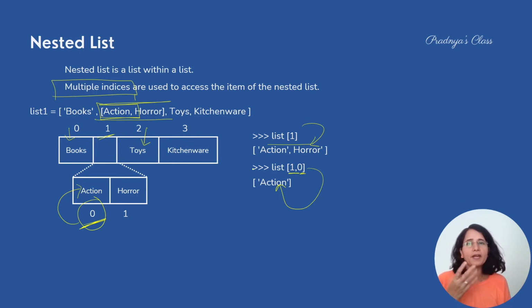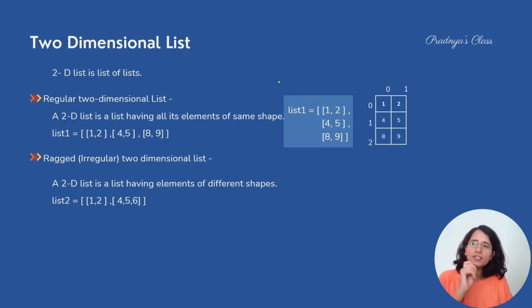If you have studied matrix in maths, then it will be very easy for you to understand this concept. Nested list is used to design a two-dimensional list. We can also call it a matrix. Matrix means when we want to write the data in tabular form, generally we use the matrix. It consists of horizontal rows and vertical columns. So there are two types of two-dimensional list.